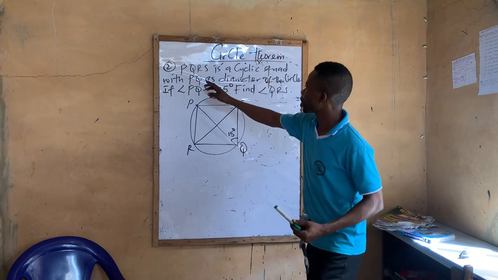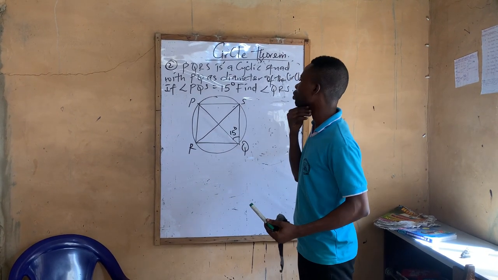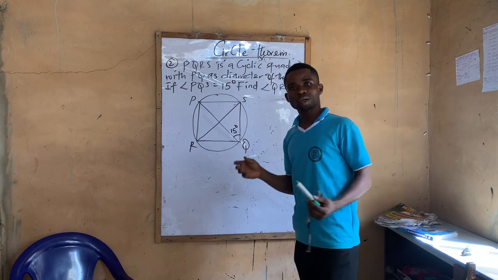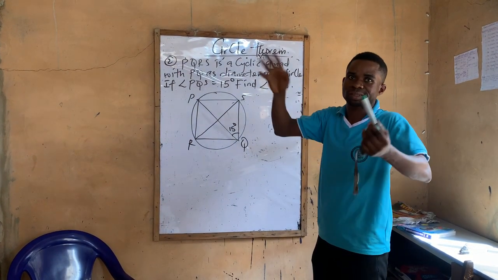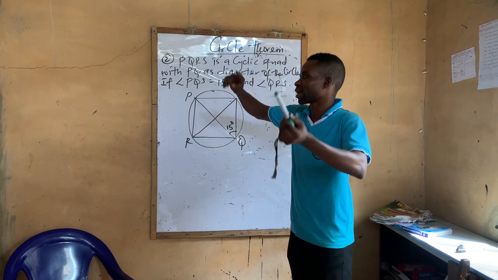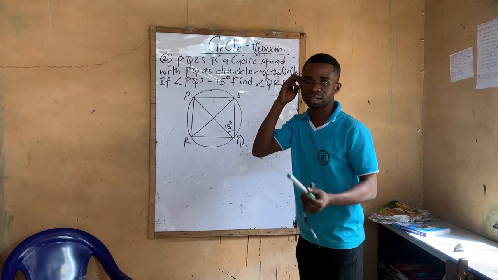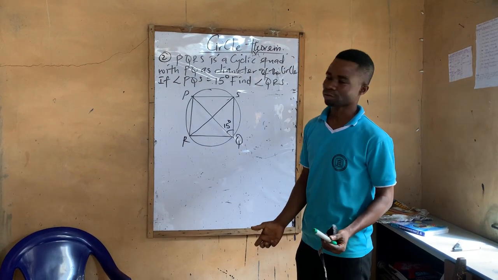It said PQRS is a cyclic chord. At times, they may not draw it for us. When you hear the words cyclic chord, that means it's a quadrilateral having 4 sides, inside a circle. So you can just draw it yourself in case it is not given.